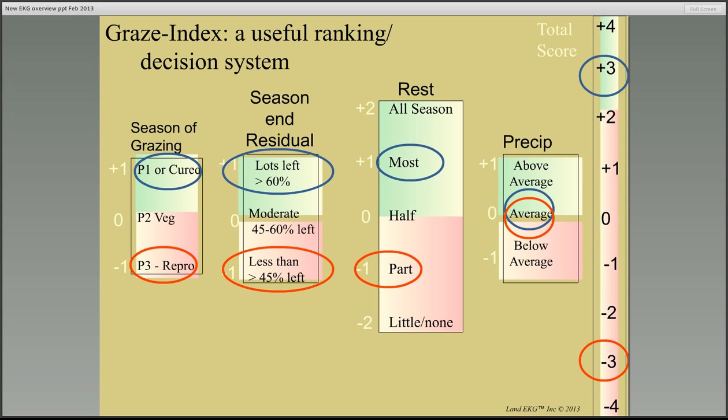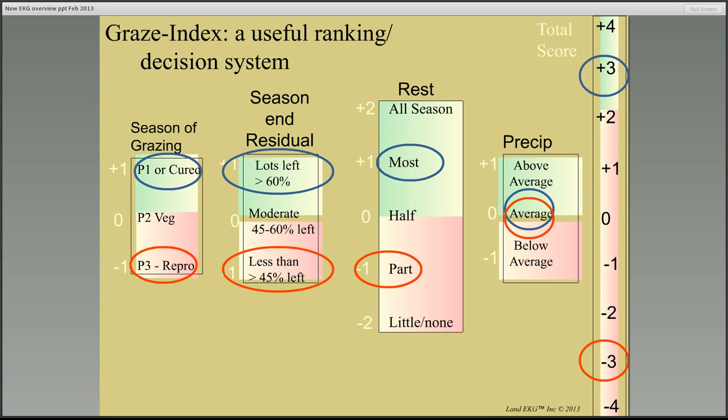Introduced or tame pasture type plants, irrigated pasture, are much more robust and hardy. The concept still applies, but it's more so on native landscapes. So season of grazing is really a big deal. If you'd like more information on any of this, you could go to our website under some of our past newsletters, under the news category, I believe. You could click on the grazing index explanation, and it goes into more detail.